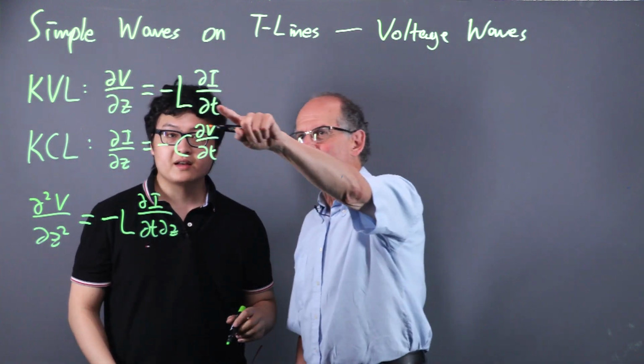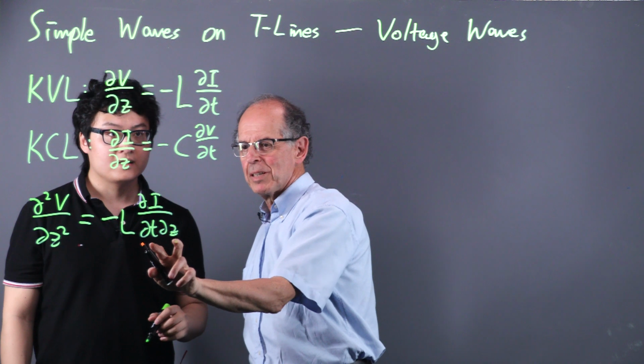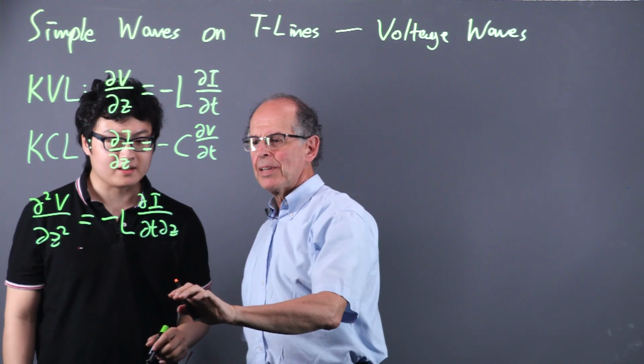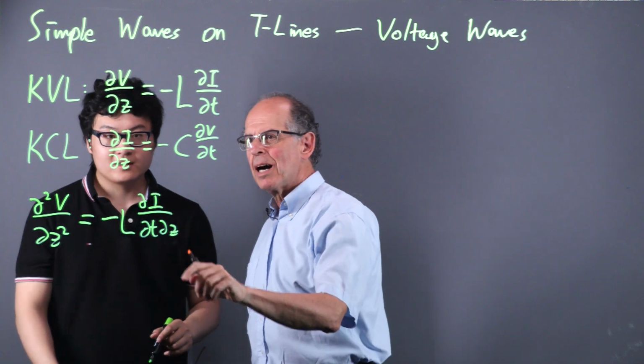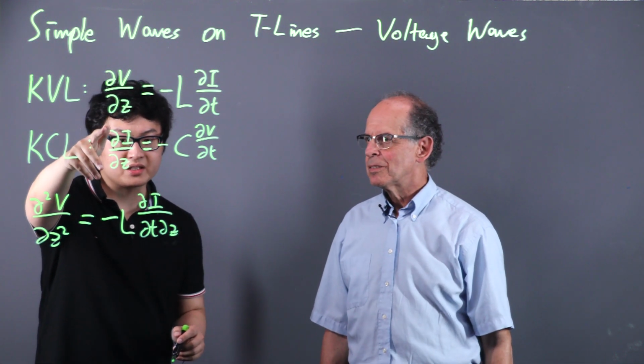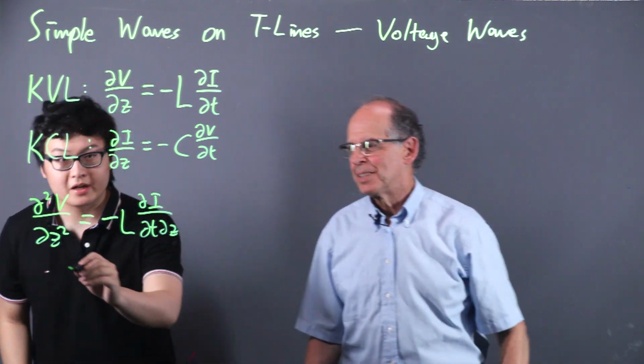So what you did was when you did the d by dz, you already flipped it around, right? But that's okay. Let's just leave it like that. Now what are we going to do? We want to eliminate I, so we need the second equation. We can actually take the dt of this one and substitute in. Right, let's do it.